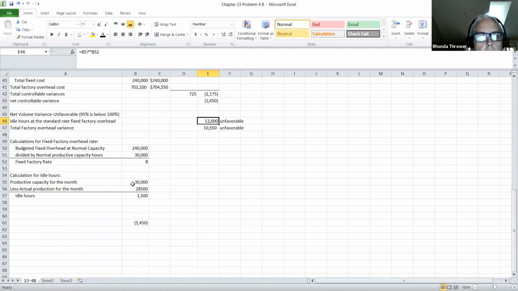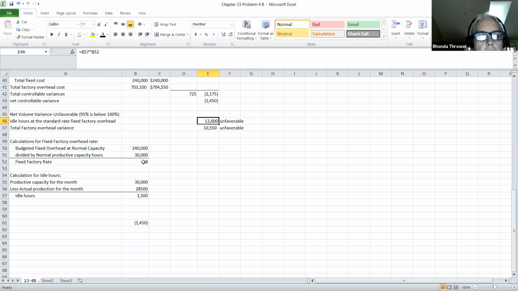So the budgeted amount was 240,000 at normal capacity, which just means 100% capacity. And we're going to divide this by the normal productive capacity hours. That was the 100% hours here, which is 30,000. If you divide 30,000 into $240,000, that'll give you a fixed factory overhead rate of $8.